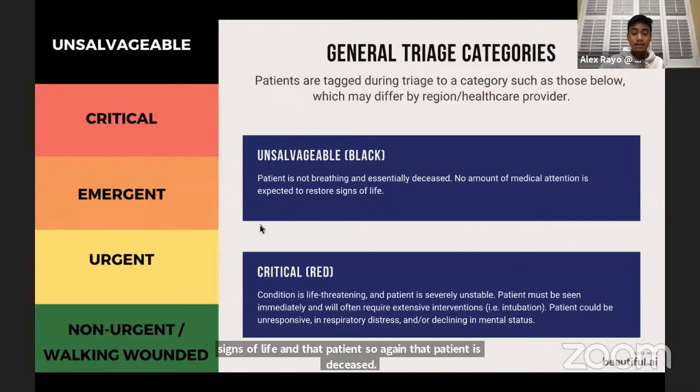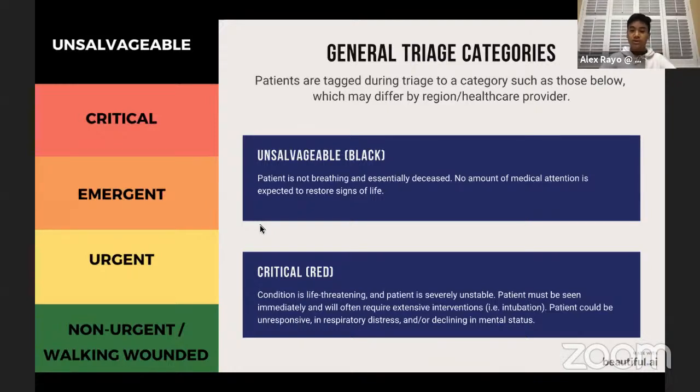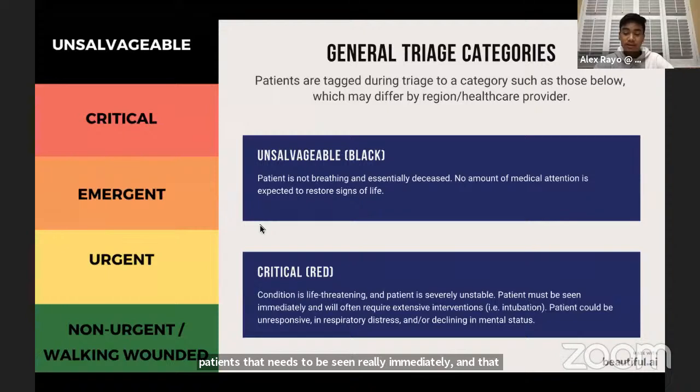And then a step lower, we have critical or red. So the patient is still living, but they have a really life-threatening condition and essentially they're severely unstable. And so triage nurses will tag patients that need to be seen really immediately and that will often require extensive interventions like intubation.